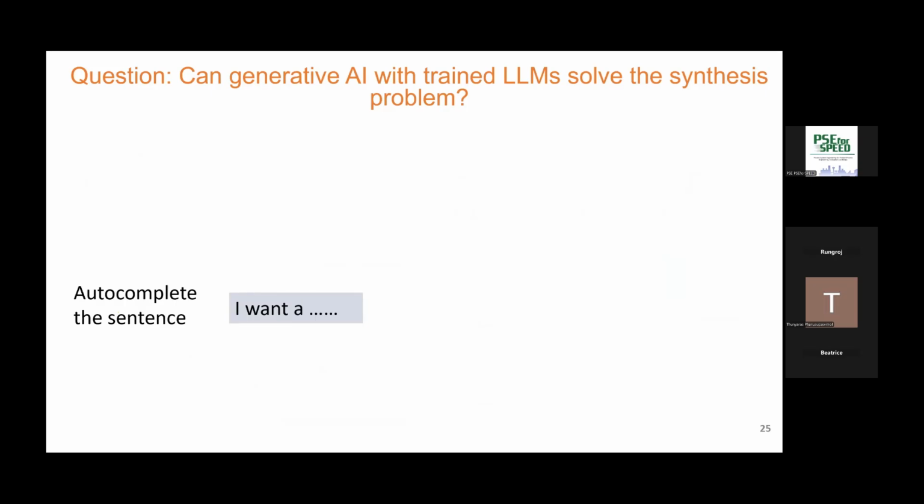So I would say that this is like asking to autocomplete a sentence, I want A, and then ChatGPT or others should complete this sentence. So what would be the answer? It would be millions of alternatives. So ChatGPT or others will say, I need a context. So I want A, for example, a car.